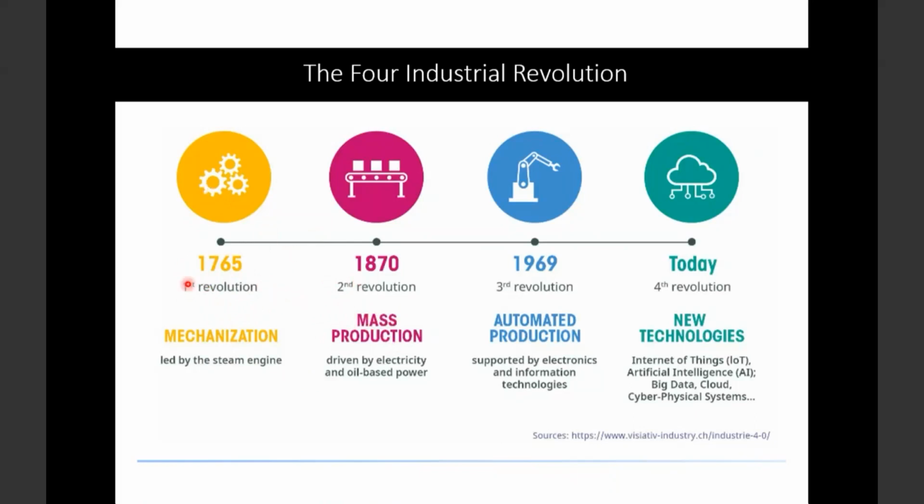Because machines were introduced, production increased, compared to doing it manually using people or labor. So mass production is the second revolution, which is driven by electricity and oil-based power.